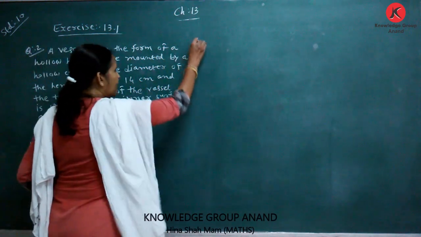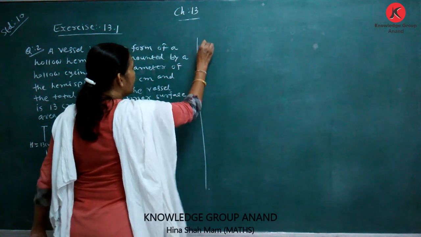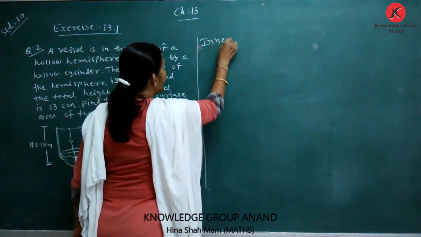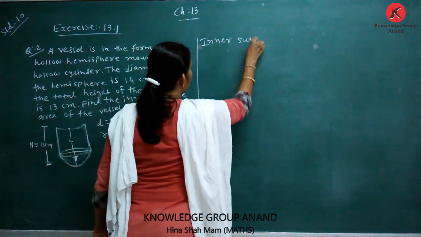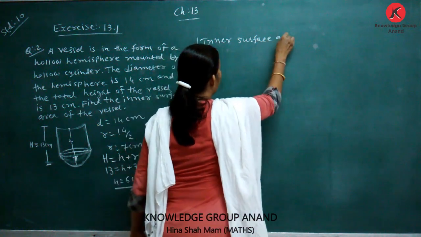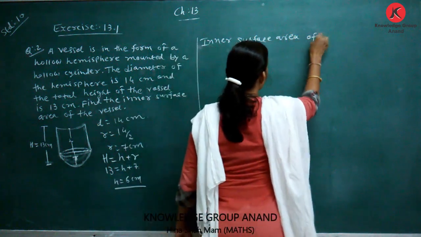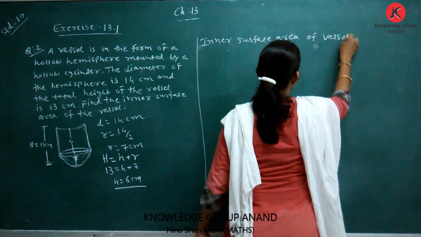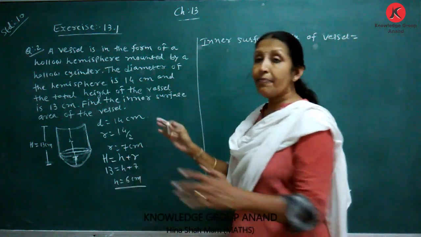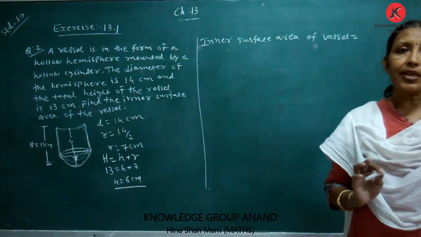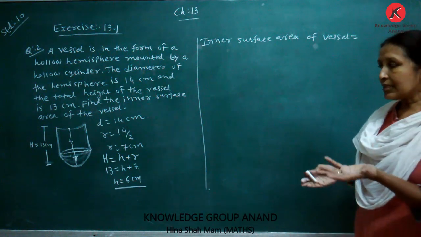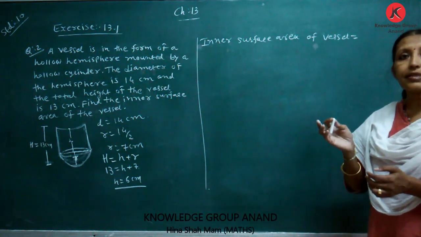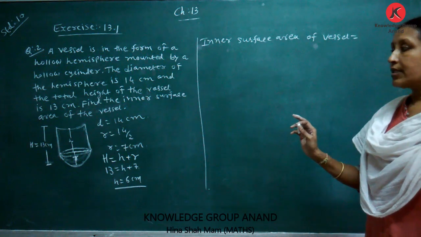Now, calculate the inner surface area of the vessel. The vessel is made up of two shapes, two solids. One is a hemisphere and the other is a cylinder.